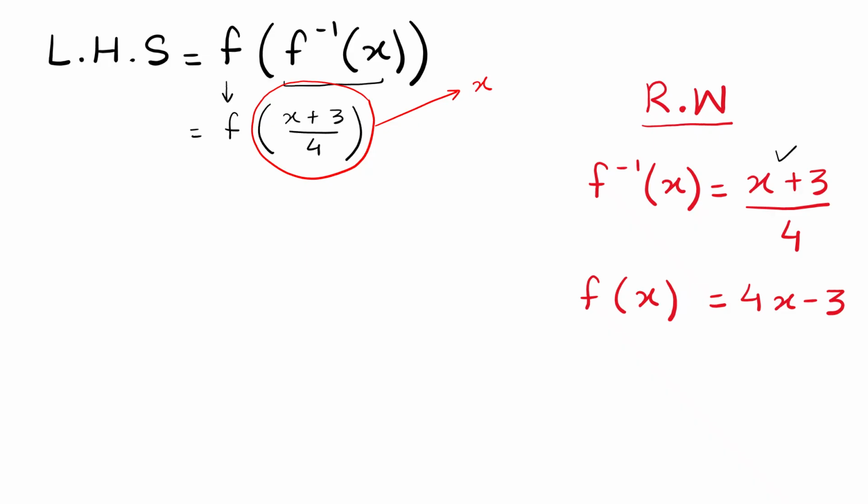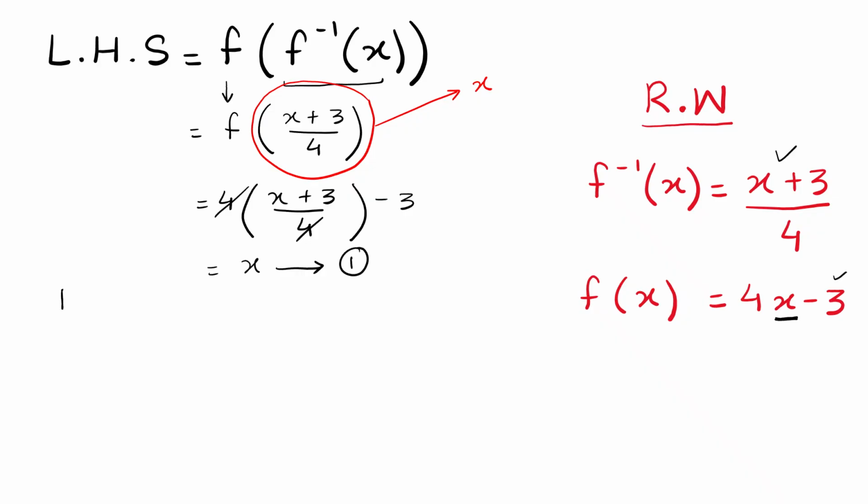It becomes f of x. Now go to the f of x function and replace x with this new value. So it will be 4 into x plus 3 over 4 minus 3. 4 and 4 will cancel. This positive 3 and negative 3 will also cancel. And we are left with x. Name it as equation number 1.